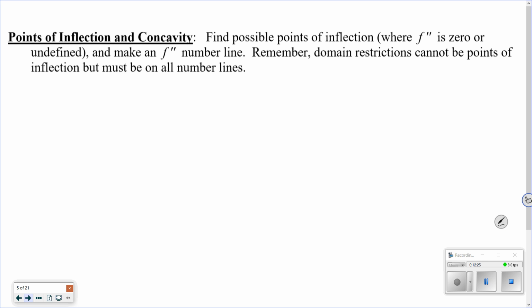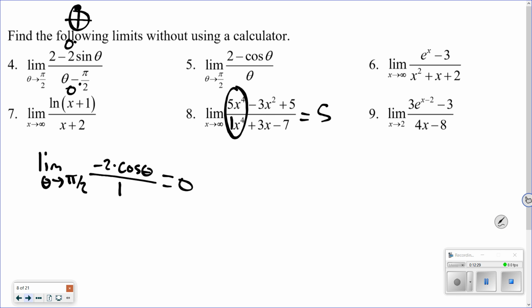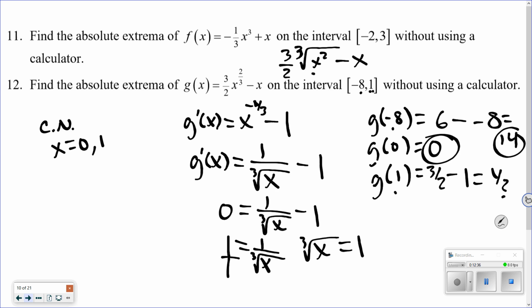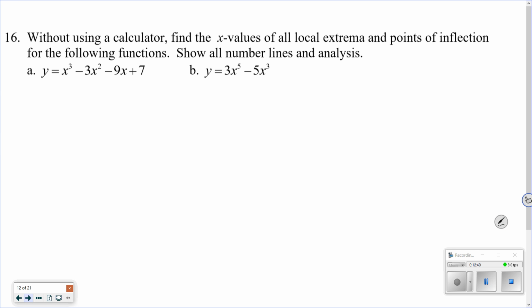All right, let's look at an example of that. If you look at numbers 16 and I think 17, they actually ask you to do both, find the relative mins and maxes and the relative extrema. Actually, it's just 16 that has two different functions. So let's just pick one of those, and we'll go through the process for both. We'll find the relative extrema and the points of inflection.